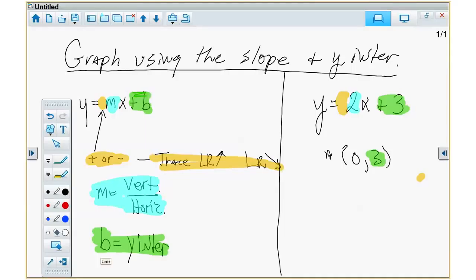B is going to be the direction of my slope. The direction of my slope, since there's nothing there, is what? Positive. That means left to right, up.